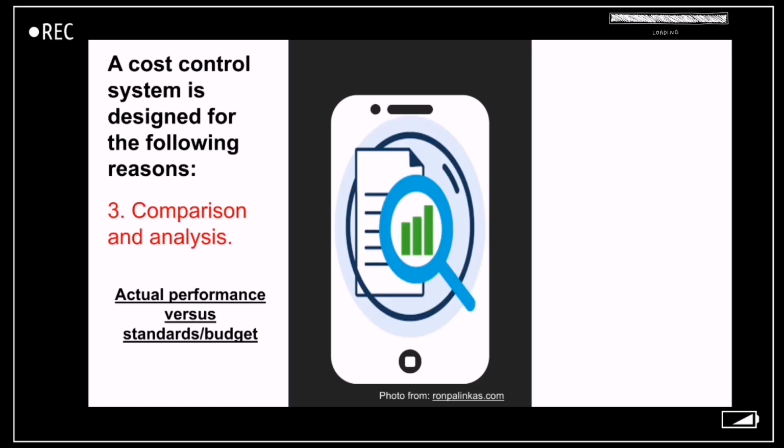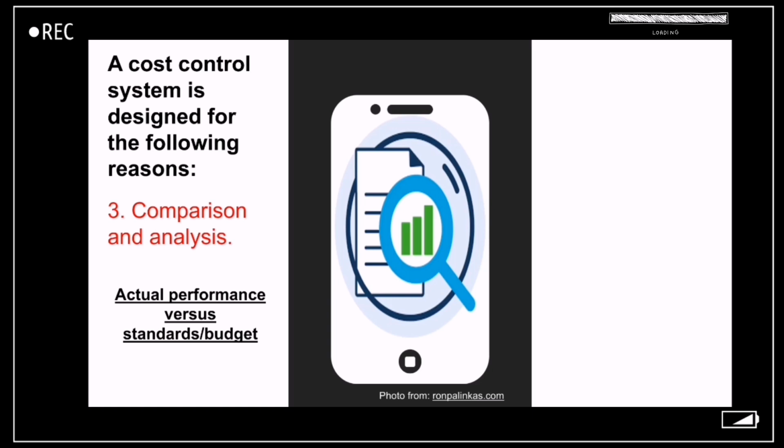So, comparison and analysis. Actual performance versus standards or budget can be used to measure variance of actual performance against standards established. So, kanina nag-set tayo ng standard, then cost control serves as measurement of performance. Now, we can use cost control also for comparison and analysis.